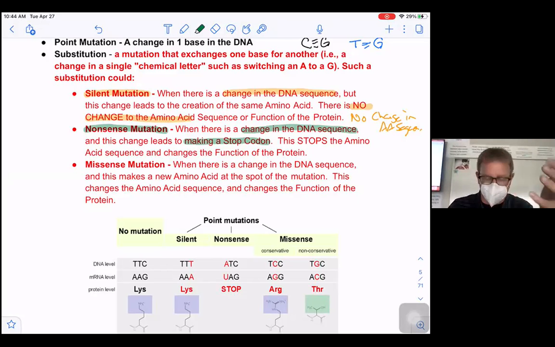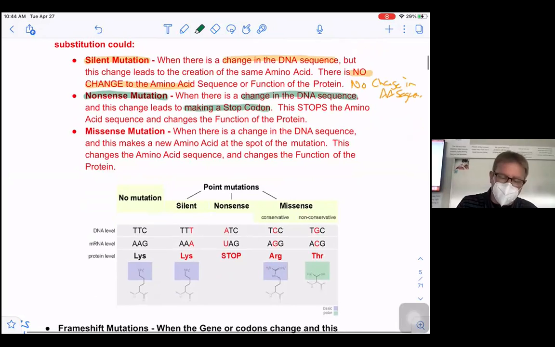As we see below in the nonsense mutation, we have our original strand of DNA, TTC. In our nonsense mutation, we change the first T to an A, giving ATC. That changes the mRNA codon to UAG, and UAG on the amino acid wheel codes for stop.